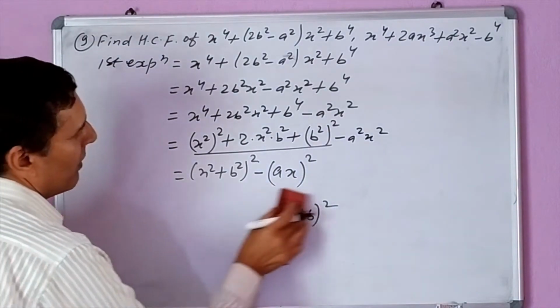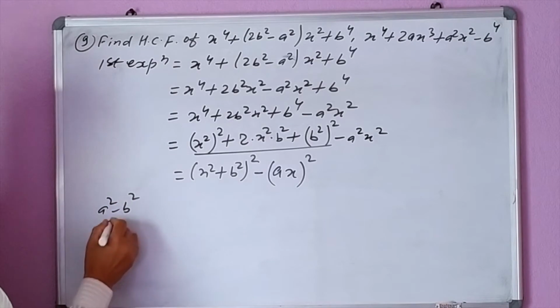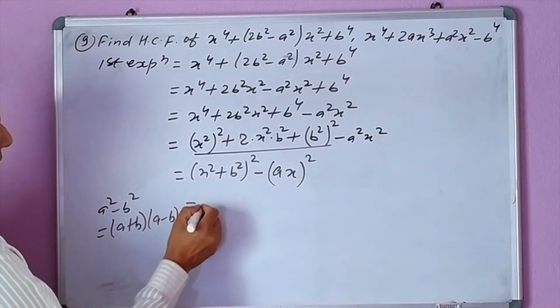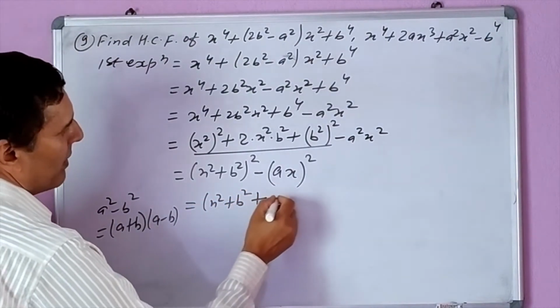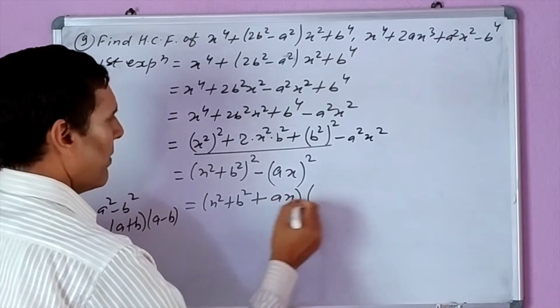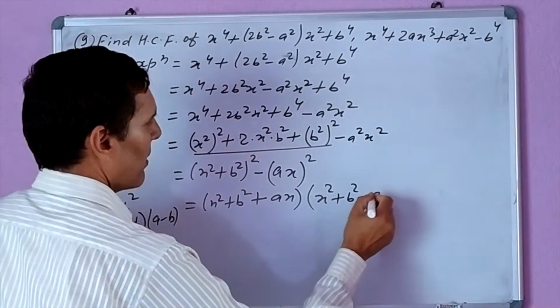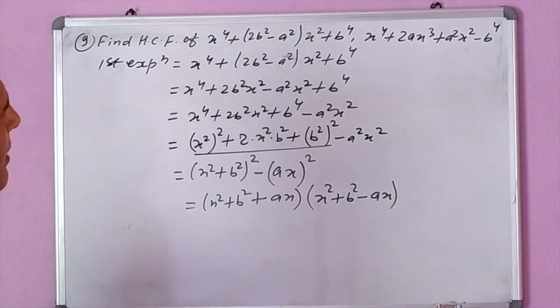Now we have this in the form of a^2 - b^2 again, which is (a + b)(a - b). So a is x^2 + b^2, b is ax: (x^2 + b^2 + ax)(x^2 + b^2 - ax). So these are the factors of this first expression.